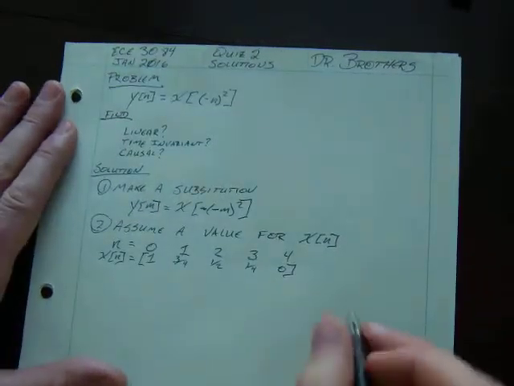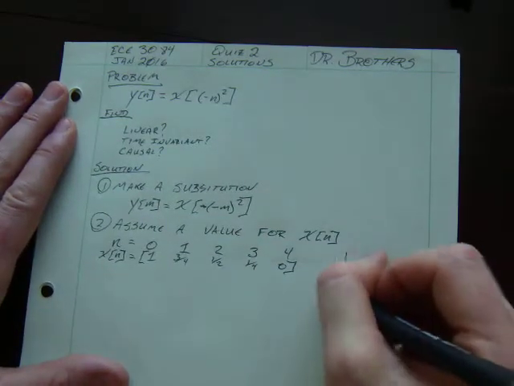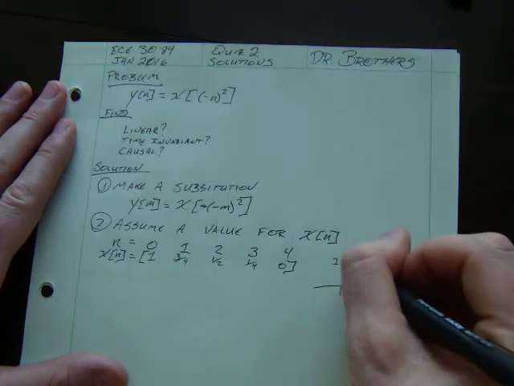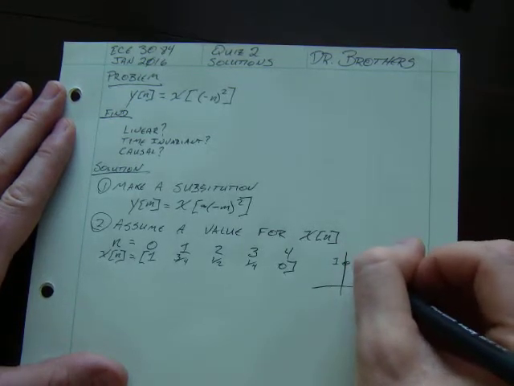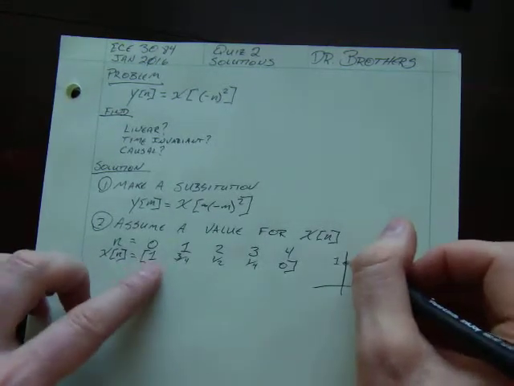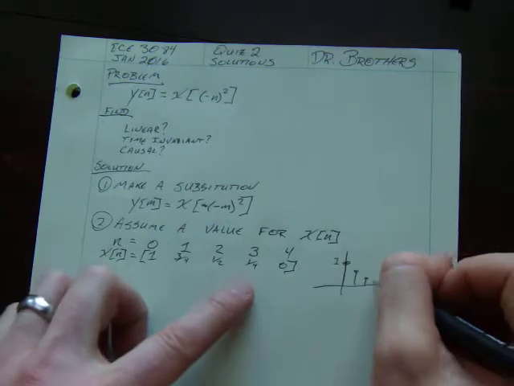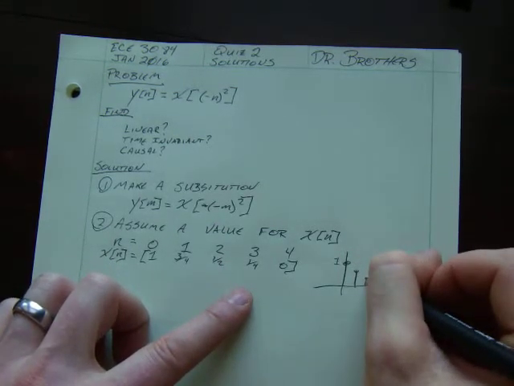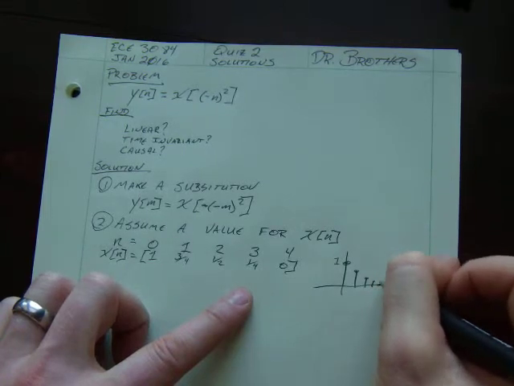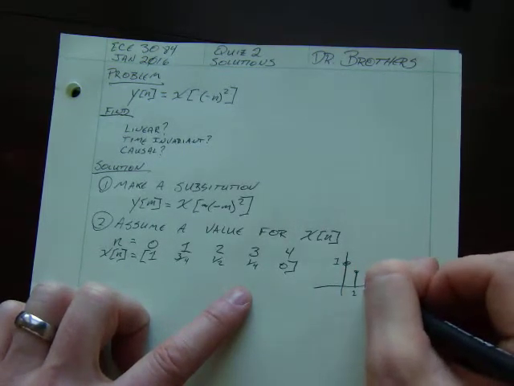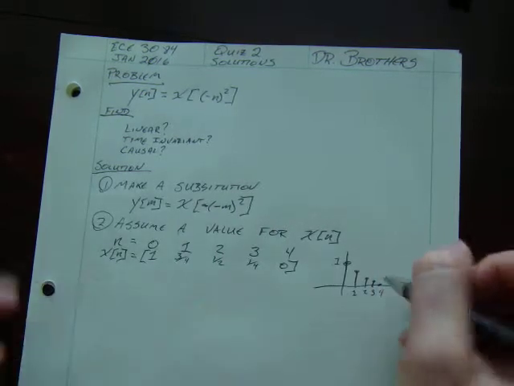So if we plot x of n, it's going to be 1, 3/4, 1/2, 1/4, and then 0. And this is 0, 1, 2, 3, 4.